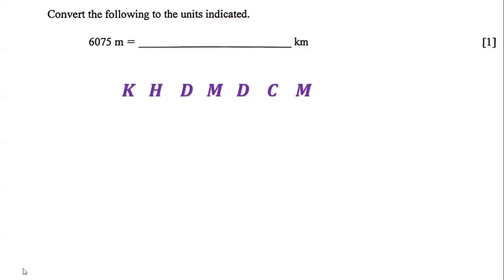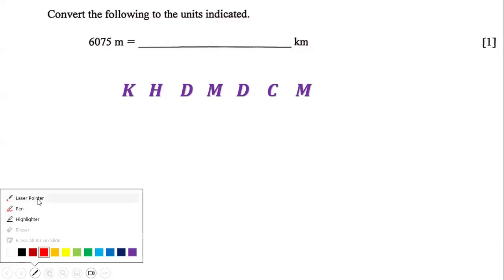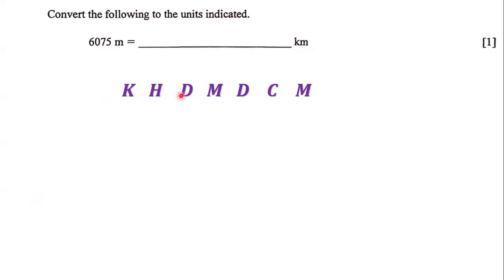So let's go ahead and figure it out, step by step. The first thing we have is this acronym. The M here is for meters, and we have to go to kilometers. So my question is, if I move from meters to kilometers, how many times would I move over? Three times. Very good.